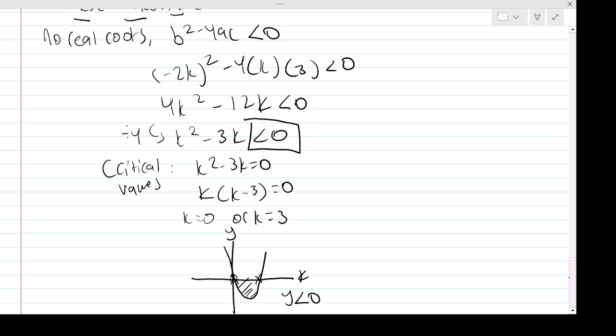Then the solution is between the two roots, if you will, right? So it's between the first root 0 and the second root of 3. So k is between 0 and 3 to get this inequality, and there we are. So that's our range of values for k.